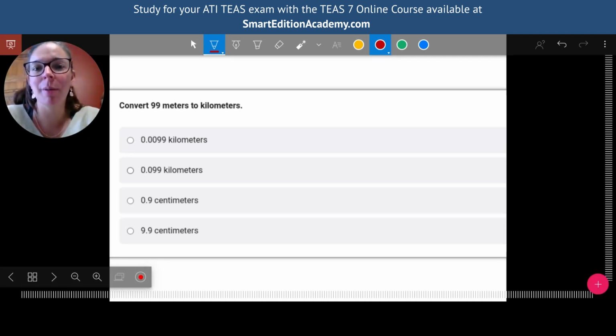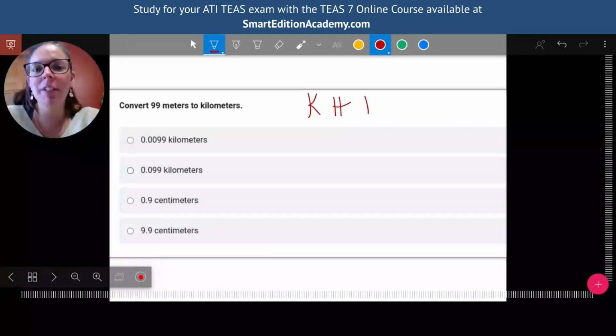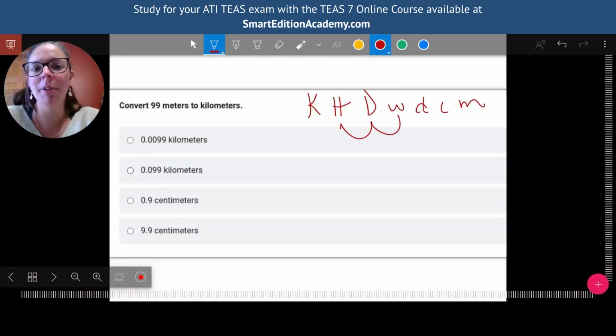So meters to kilometers. King Henry died while drinking chocolate milk. If I'm going from meters to kilometers, I'm swooping 3 times to the left. 1, 2, 3. I'm going to have to add a placeholder in there. So 0.099 kilometers.